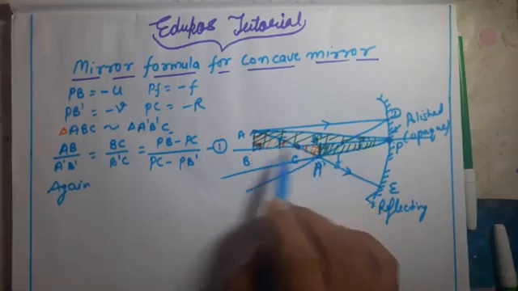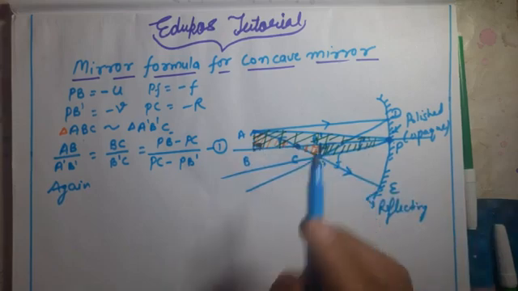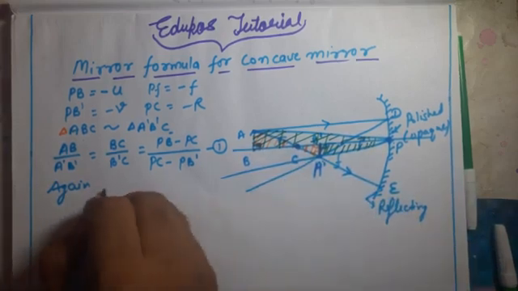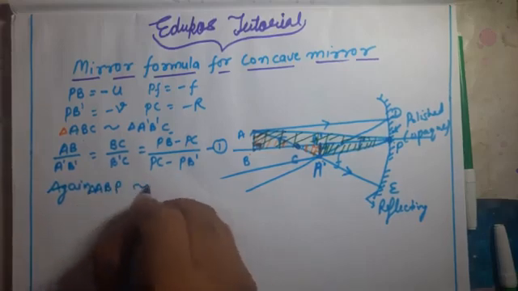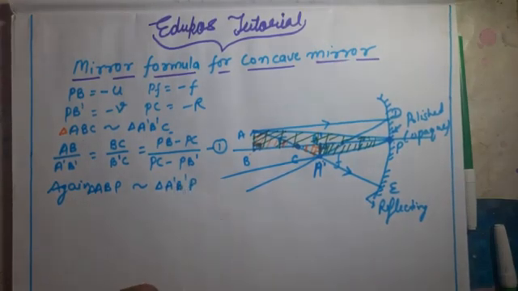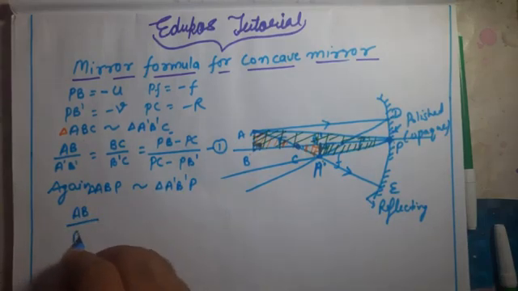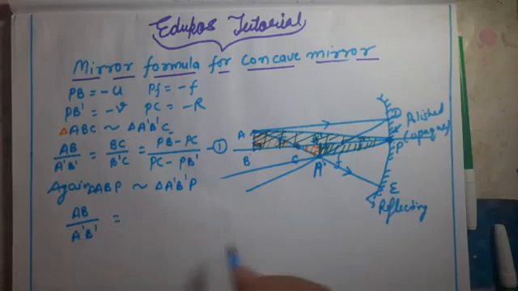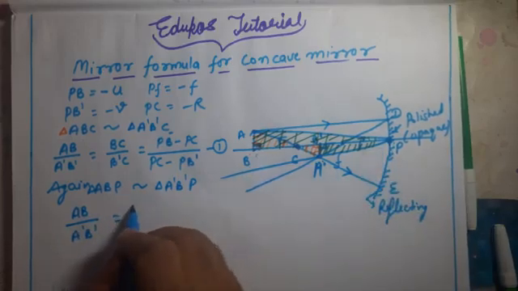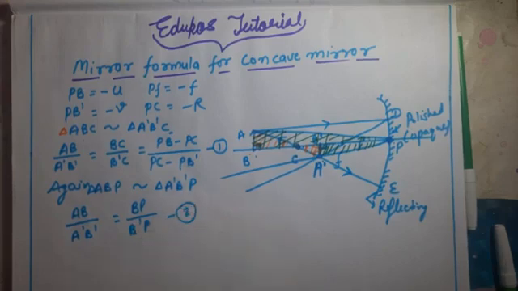Two angles are the same, so the third angle will also be the same. So triangle ABP is similar to triangle A dash B dash P. So again we can write AB divided by A dash B dash will be equal to BP divided by B dash P. Okay, this is our second equation.